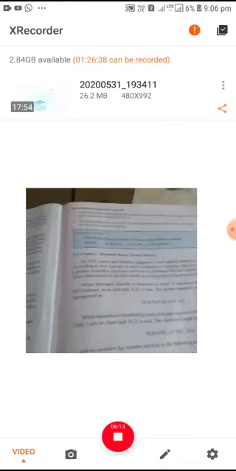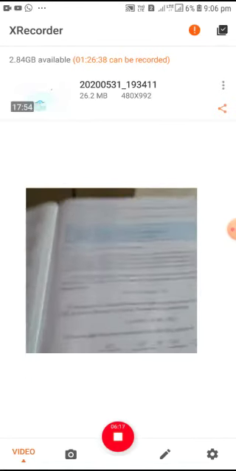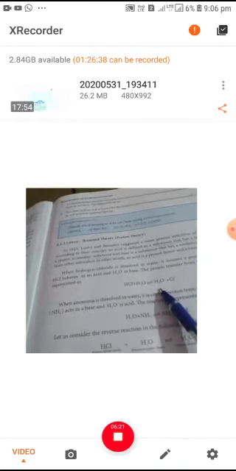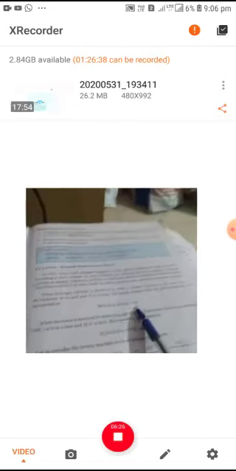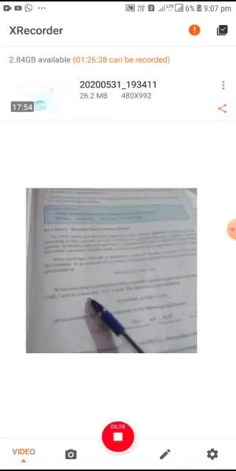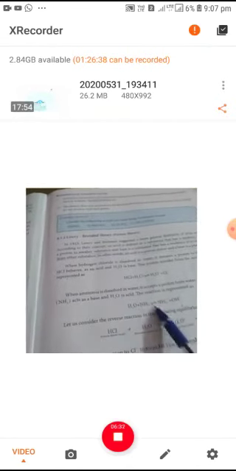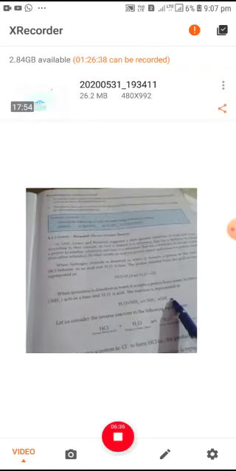So here hydrochloric acid dissolved in water forms H3O plus and Cl minus. Another example is ammonia dissolved in water to form ammonium ion NH4 plus and OH minus.